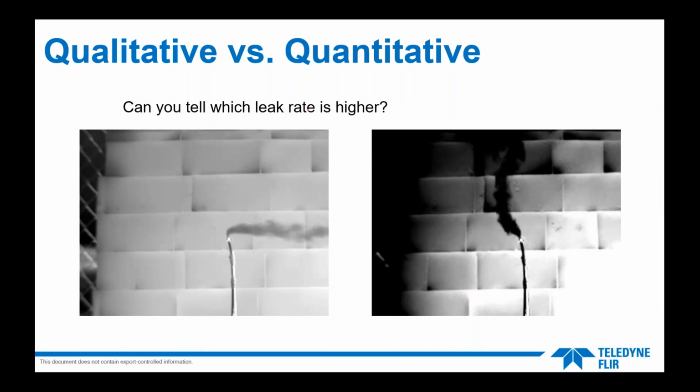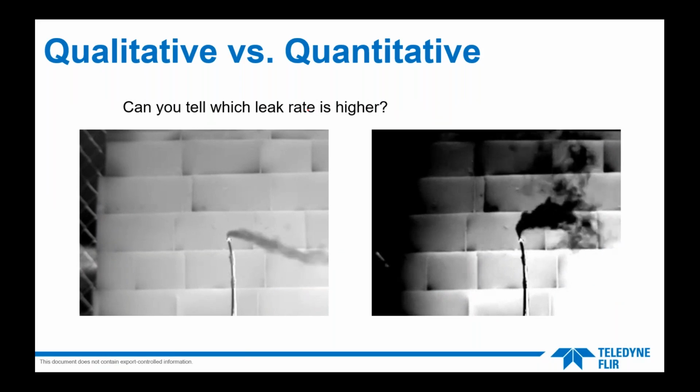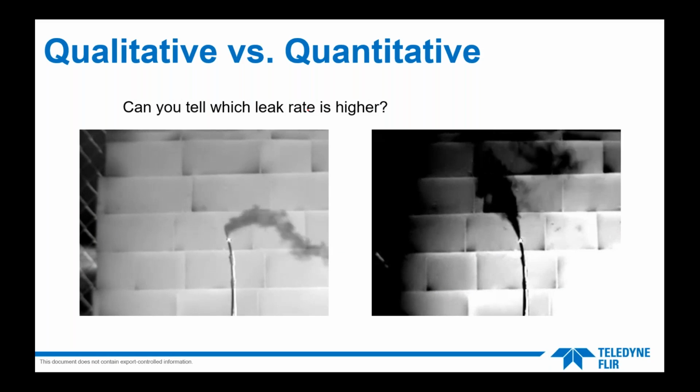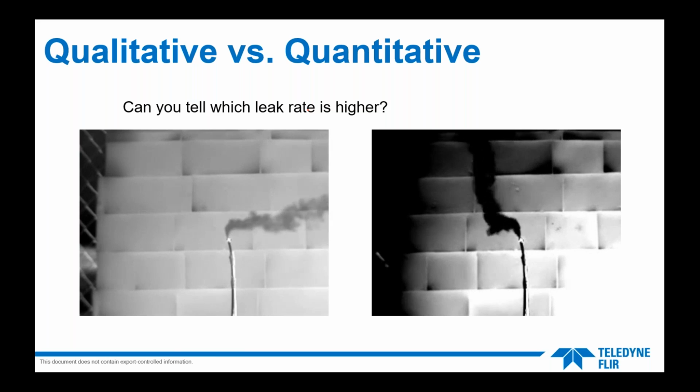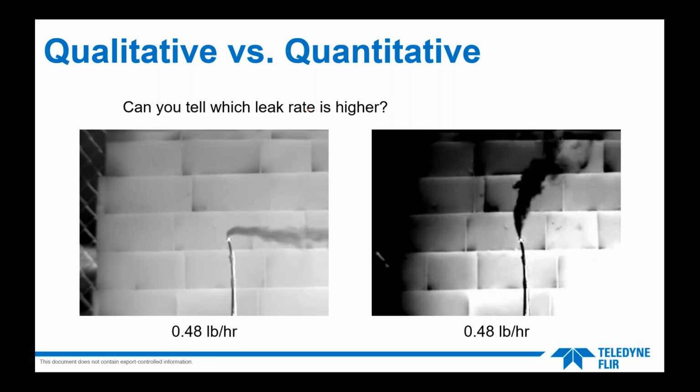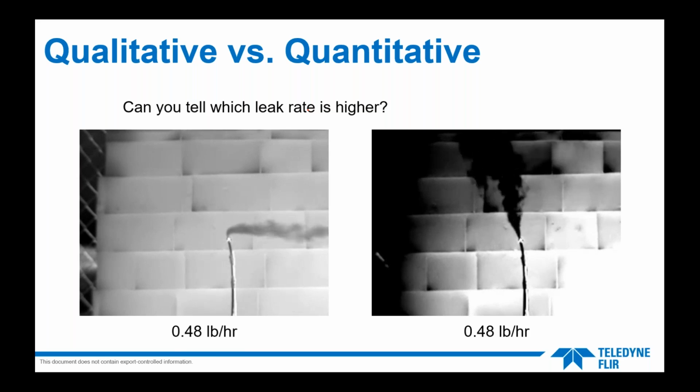So let's look at qualitative and quantitative here. No need to answer the question, but just think within your minds, can you tell which leak rate is higher? Well, they're both exactly the same.